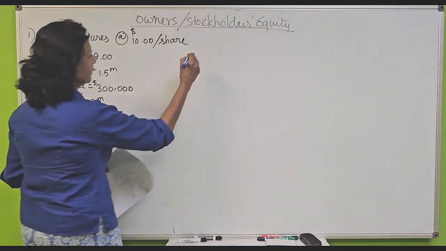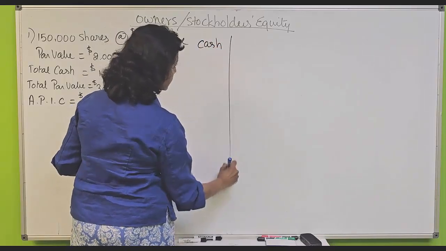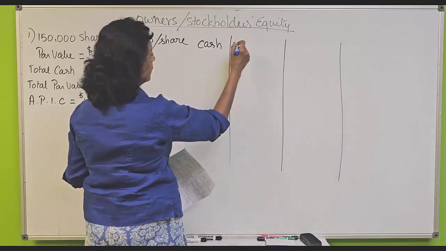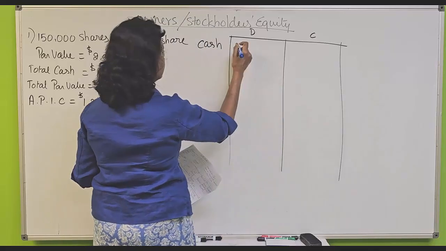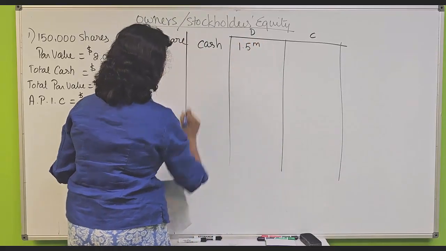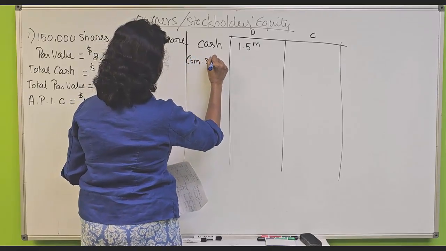So here what you will do, you will debit cash. So this is your debit column and credit column. You debit cash for 1.5 million and credit common stock.